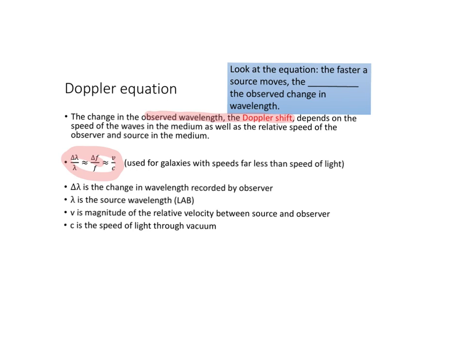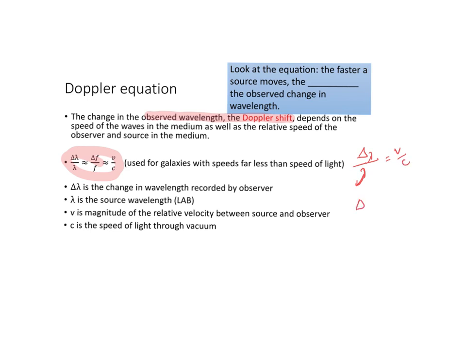Basically, you could use the change in the observed wavelength divided by the wavelength measured in the lab, the source's wavelength that you're meant to receive, which we know because we already measured that in the lab, is equal to the relative speed between the observer and the source, divided by the speed of light in vacuum.